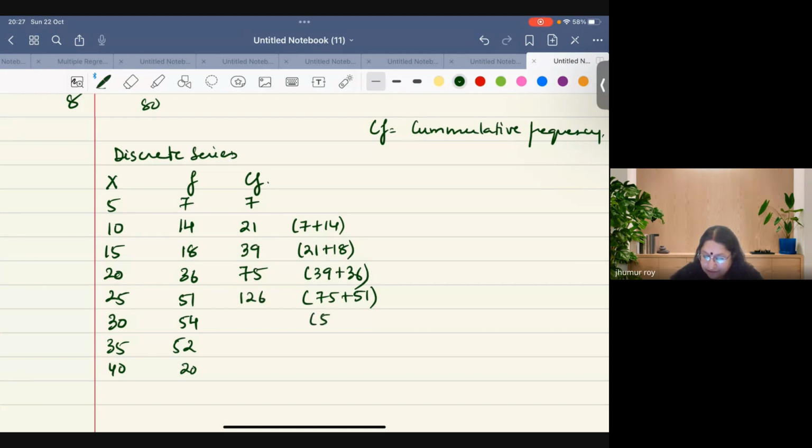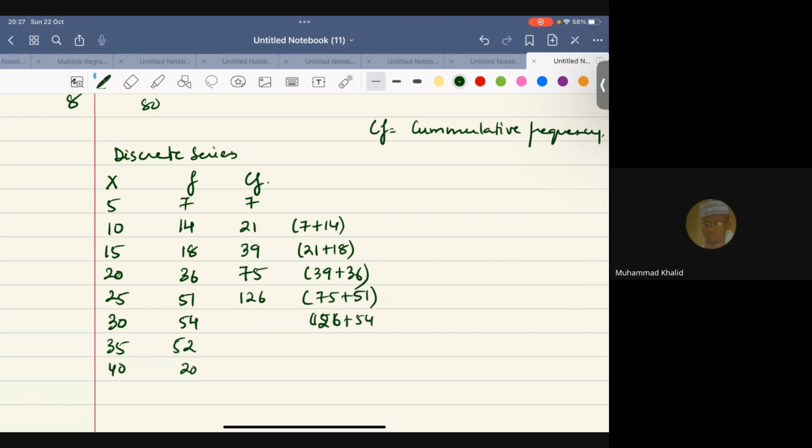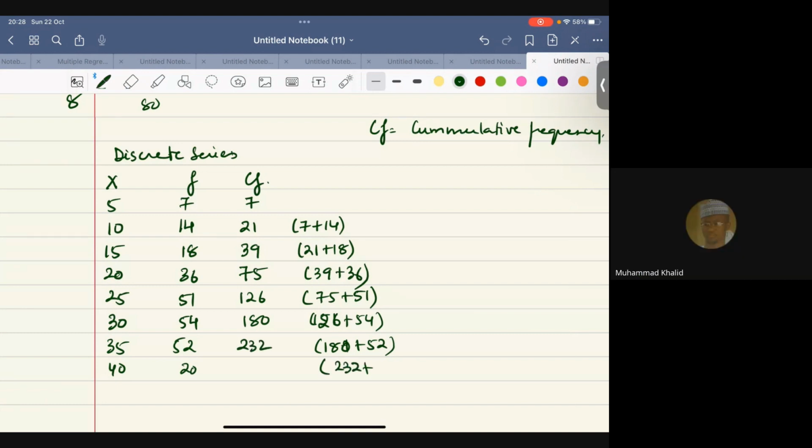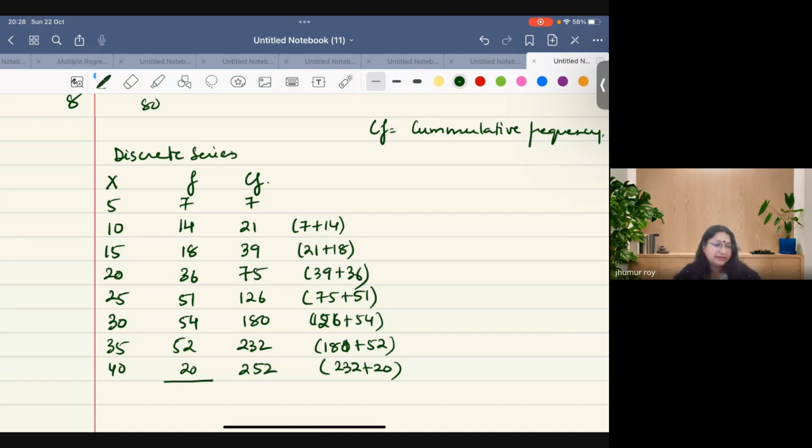Then 126 plus 54, 180. Then 180 plus 52, 232. And last, 232 plus 20, which is 252.